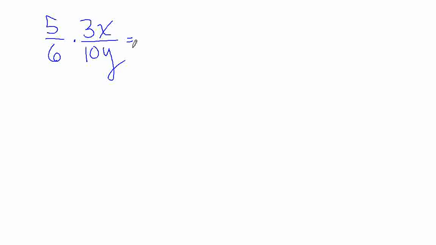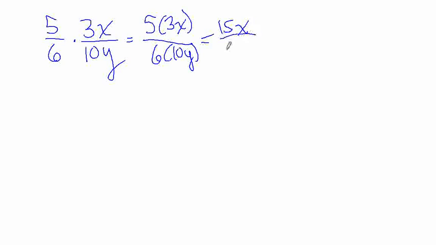Now, variables don't get special treatment, so we're going to do the same thing. We're going to multiply 5 by 3x, and we're going to multiply 6 by 10y, and so the answer is 15x divided by 60y, and you can reduce that. 3x over 12y, you can reduce that even further, x over 4y.